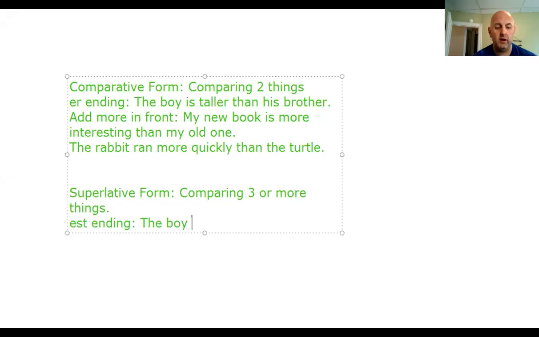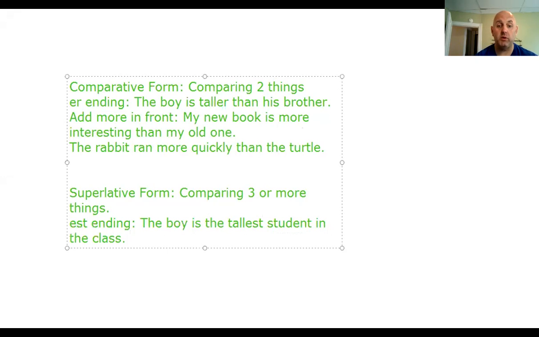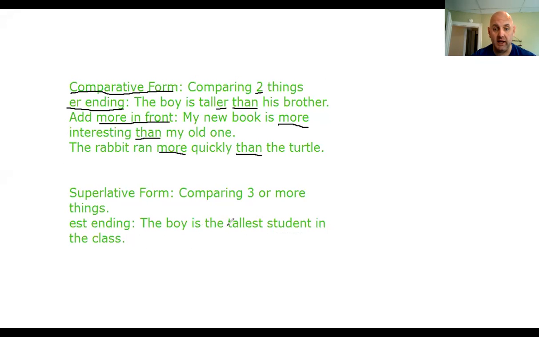The boy is the tallest student in the class. So now I'm talking about a big group of people. I'm using an EST ending to show that I'm talking about three or more things.